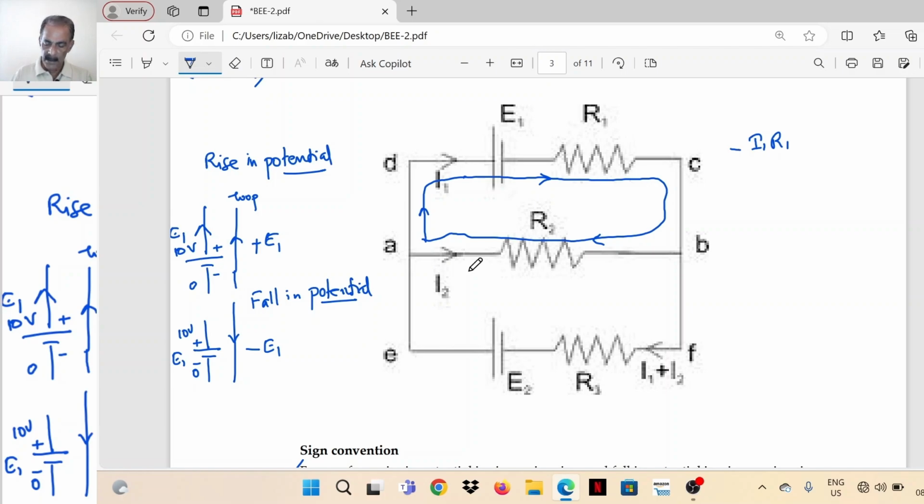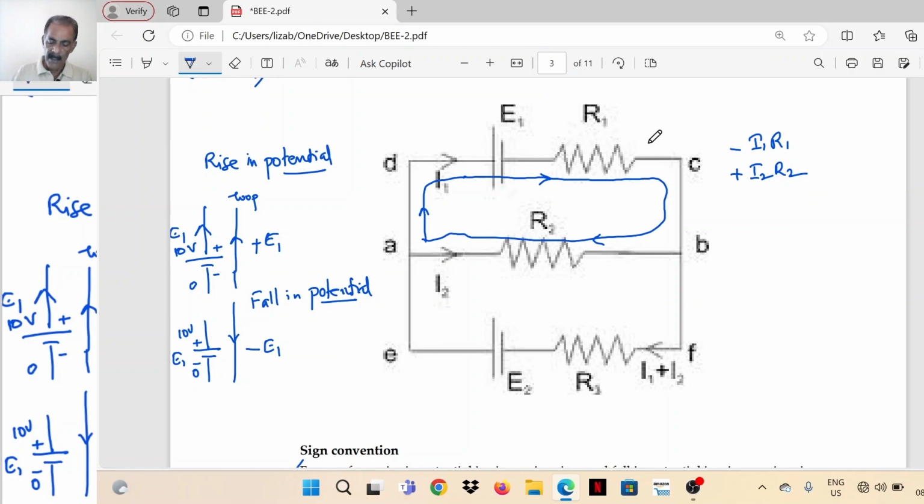Then the next IR drop is I2R2. Current is from A to B and the loop is from B to A. Loop is in clockwise direction. So the loop is from B to A. Current is from A to B. The directions are opposite. So it is to be given a positive sign, plus I2R2.